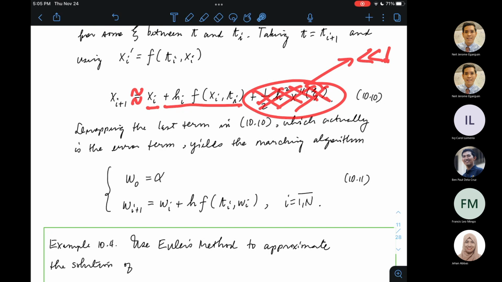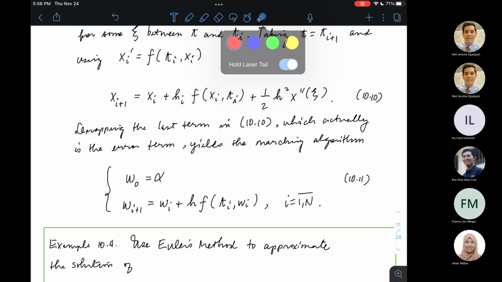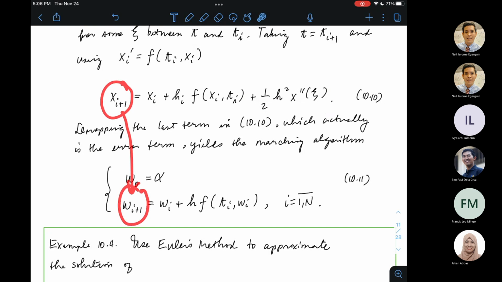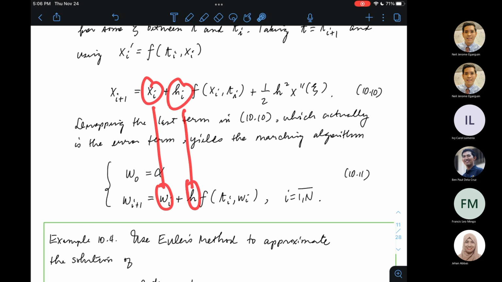And hence we get the Taylor's method. Taylor's method tells us that w sub i plus 1, kasi nga si x sub i plus 1 ina-approximate natin by w sub i plus 1. And then we don't know the exact x sub i. Yun sana yung gagamitin ko sa equation 10.10. But we don't know what x sub i is. So papalitan ko lang siya ng w sub i. h sub i will go there.